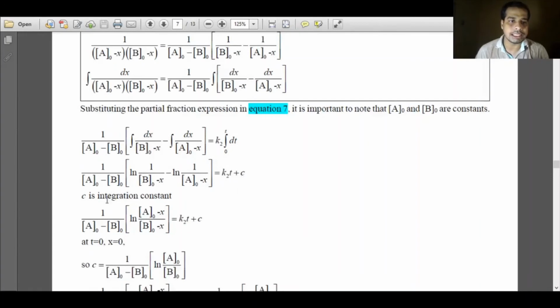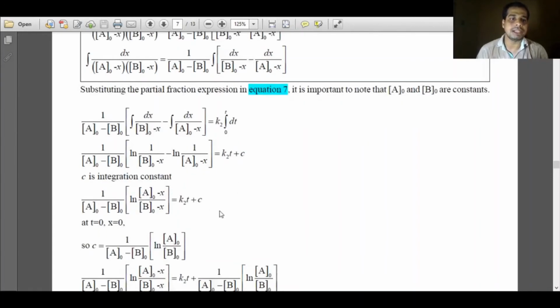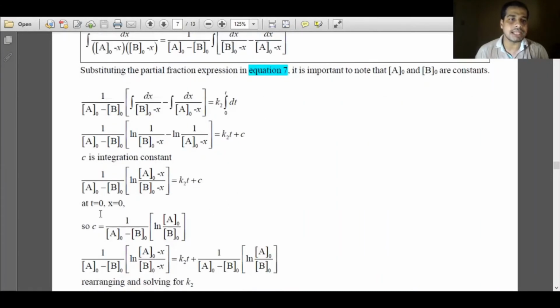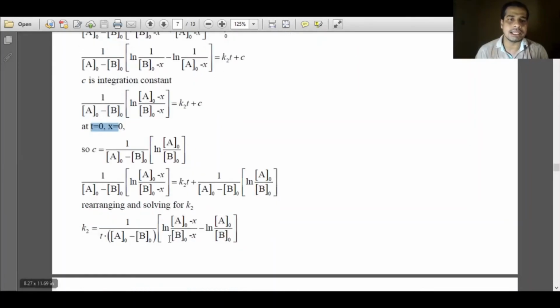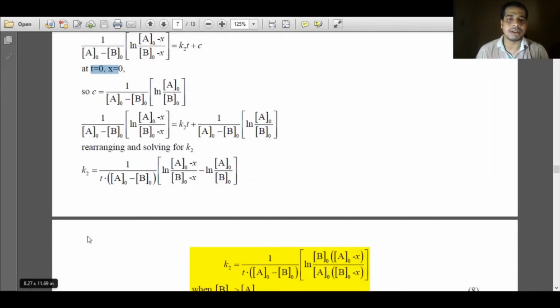That integration constant C can be determined by putting the limit at time equal to 0, x becomes 0. If we substitute this limit, I can find out the value of C. Now again I will substitute the value of C in my total expression, so I can rearrange and find an expression for K2. What is K2? K2 is the rate constant for the second order reaction.